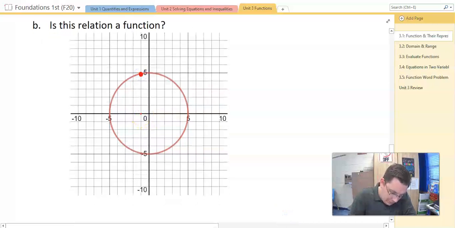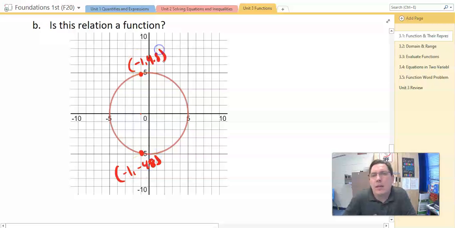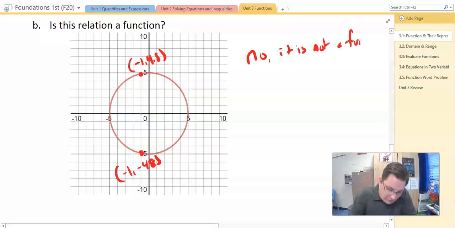I have a dot up here, and I have a dot down here. So I've got -1, comma, -4.8, and I've got -1, comma, +4.8. I have the same x value with 2 different y values. And so this is no. It is not a function.